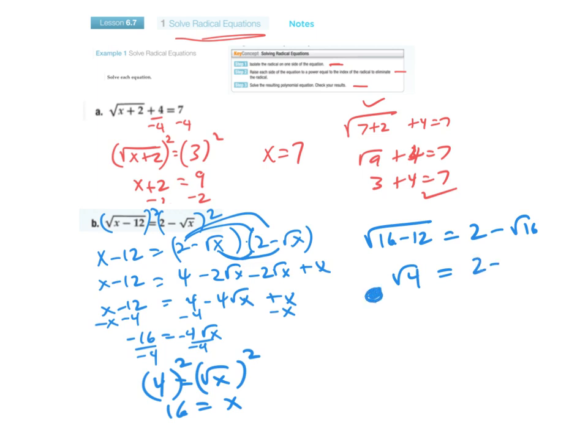On the other side we'll have 2 minus radical 16, which is 4, it's not a radical, my fault. It's just the radical 16, which will become 4, and 2 minus 4 is a negative 2. So they don't equal. This check proves they don't equal, which means there is no solution. So no solution.